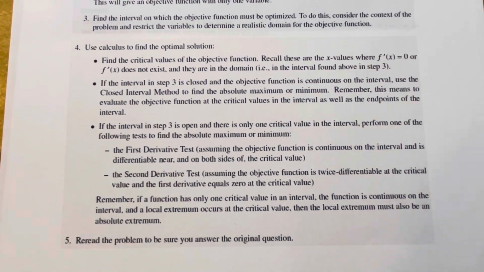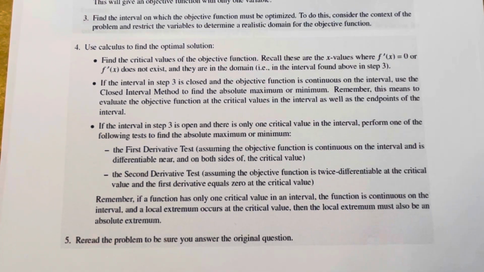Step 4, basically, to summarize all of this, is to use those techniques that we have talked about. So finding critical numbers, and using the closed interval method, and identifying maximum and minimum values using your first or second derivative tests. All of these things that we have done to find max and min values are used here.